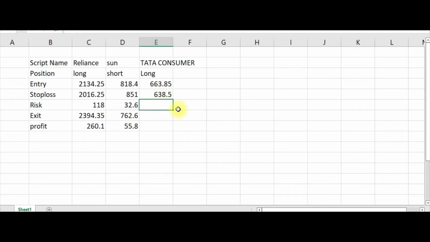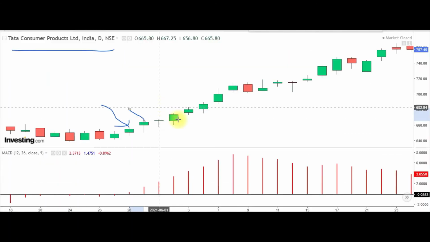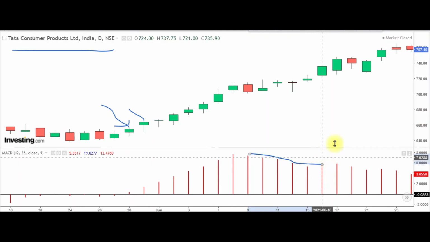So our risk would be 663 minus 638.5, that is 25.35 rupees, and as per the histogram the exit signal was somewhere here. The strength of the bulls was getting reduced. Suppose you would have exited at this particular candle. So let's take this doji, because it was sideways price action.